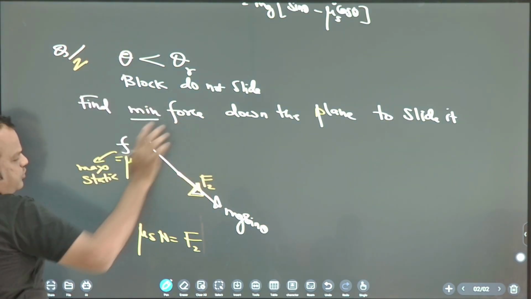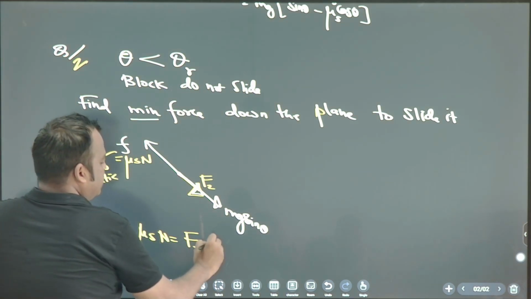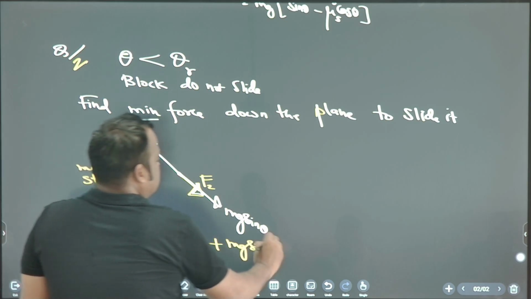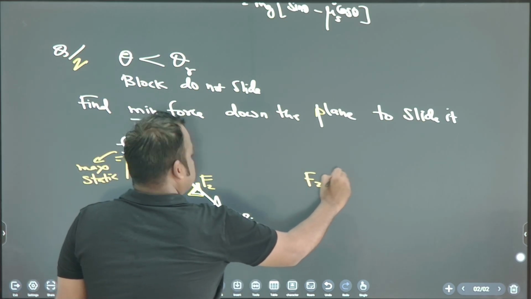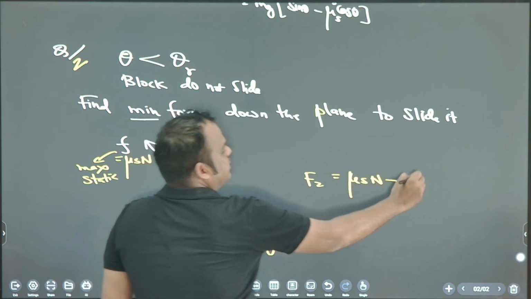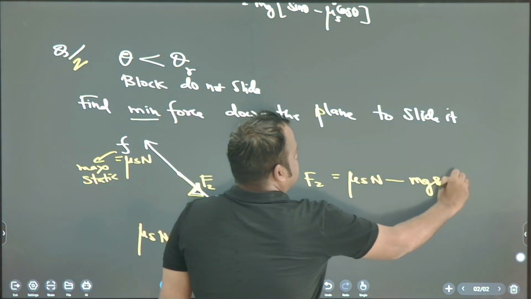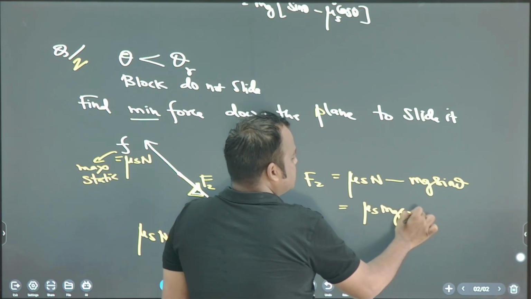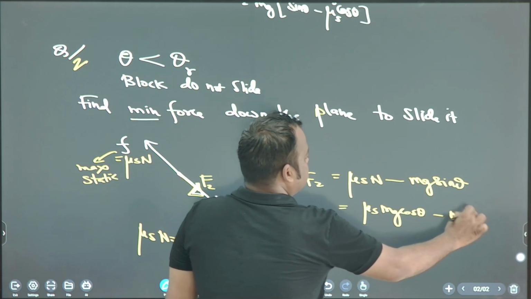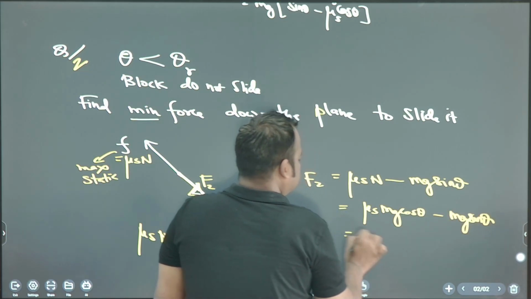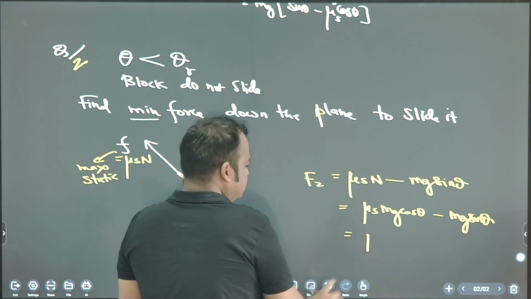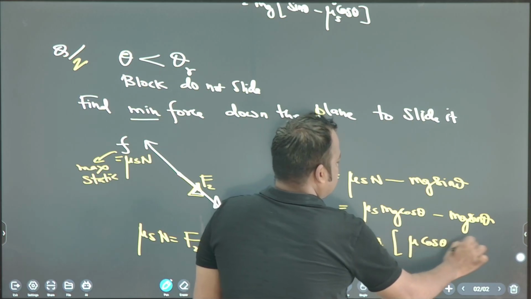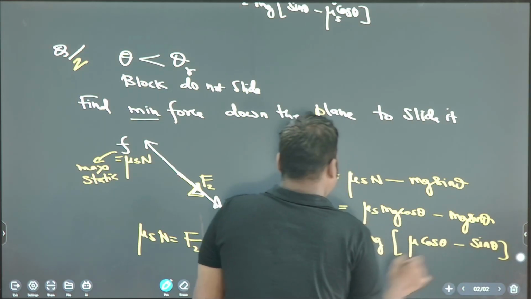So mu Sn is equal to F2 plus mg sin theta. So F2 is equal to mu Sn minus mg sin theta, so mu s mg cos theta minus mg sin theta. So mg common, mu cos theta minus sin theta. Note down.